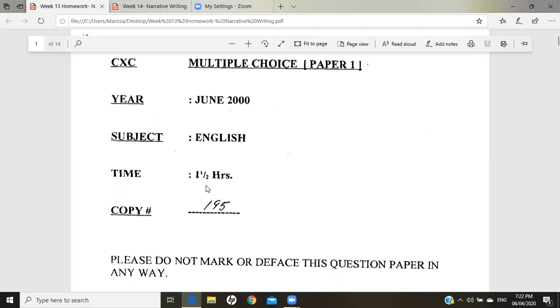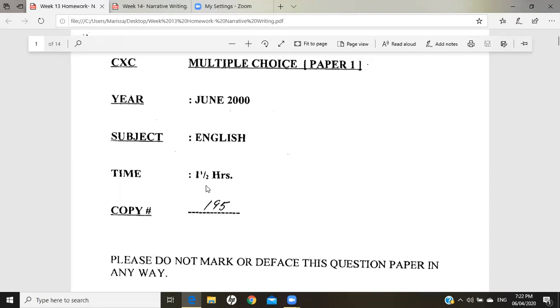So from now on, when you're doing multiple choice papers for homework, practice timing yourself, please. Do the paper in one sitting. I don't want you to do 20 questions today, 20 tomorrow, 20 the other day. I want you to practice doing all 60 at the same time, in 1 hour and a half. Time yourself, set an alarm or something, because we need to get into the exam preparation mode, right?